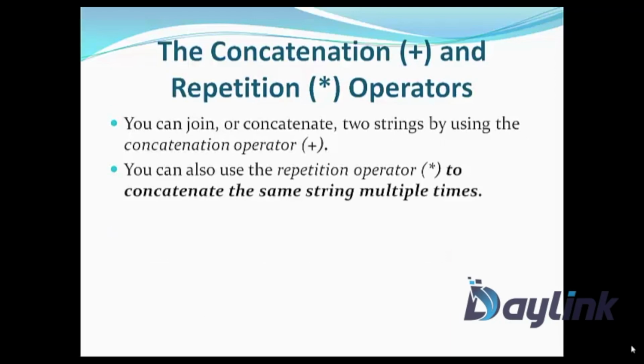Next, we see the concatenation and repetition operators. You can join or concatenate two strings by using the concatenation operator, meaning the plus operator. You can also use the repetition operator to concatenate the same string multiple times, meaning the multiplication operator.